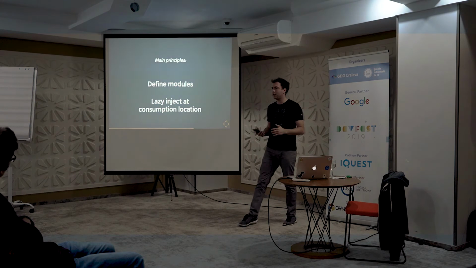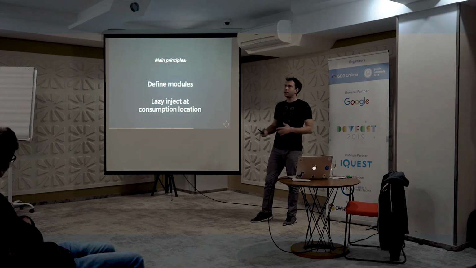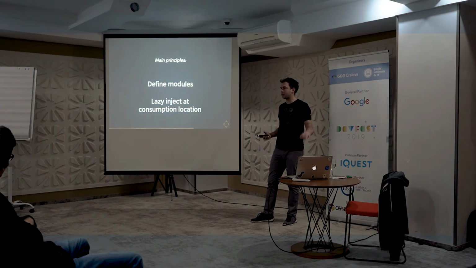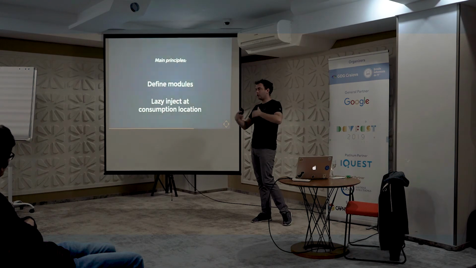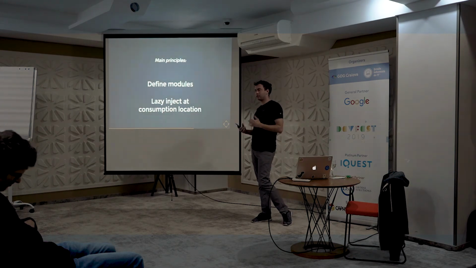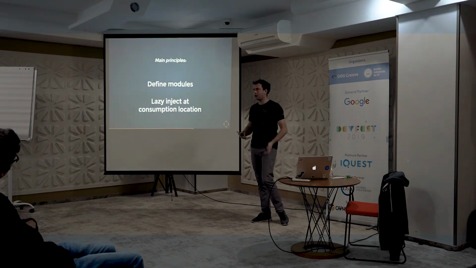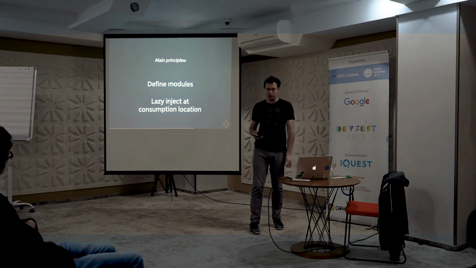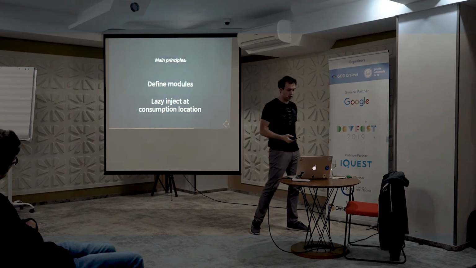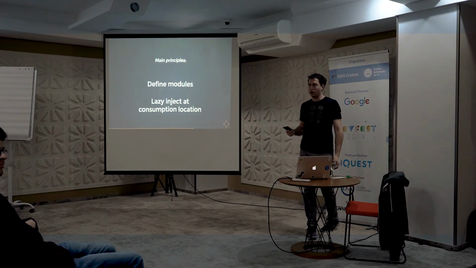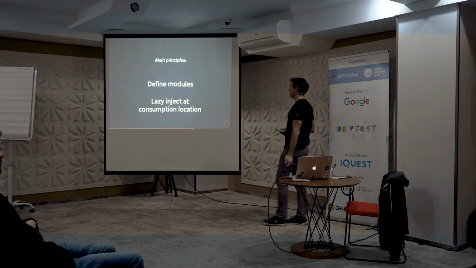Each module basically defines how you get your dependencies. You have one place where you define, hey, if someone asks for, I don't know, a data repository, like a to-dos repository, this is how you get one. If someone asks for something else, that's where you define how they get created. Then the second bit is that you can do lazy inject whenever you need them.